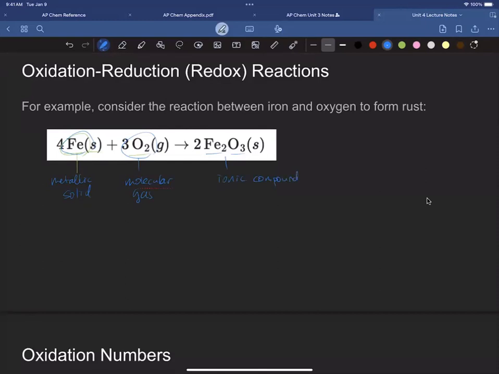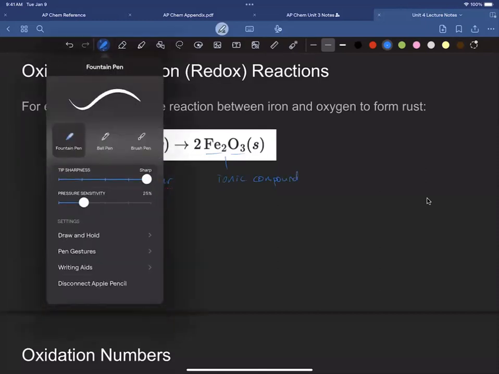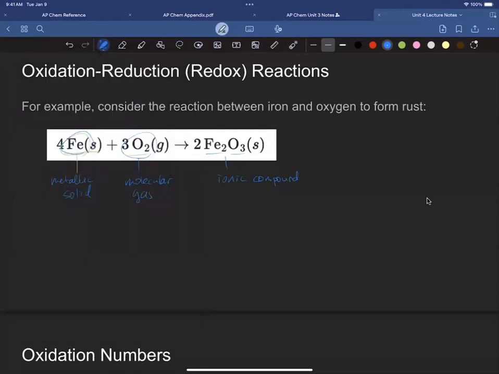And if you look at the charge for this ionic compound, it becomes Fe3+ and then O2-. So there are basically two Fe3+ and three O2- in this ionic compound.